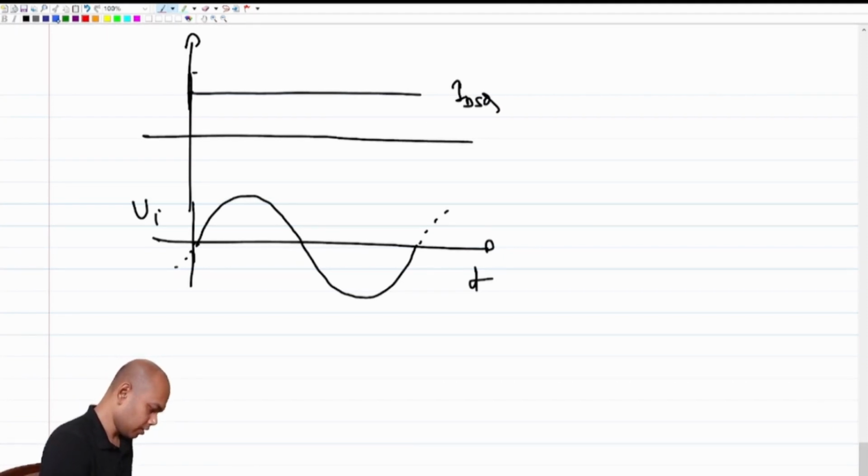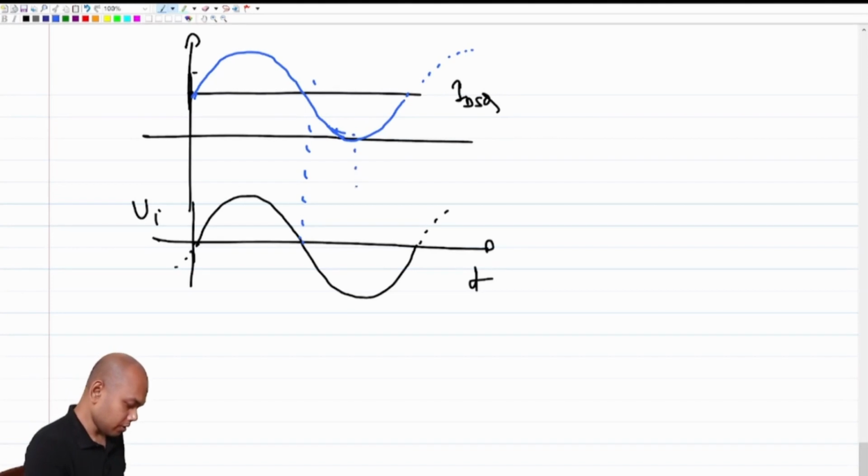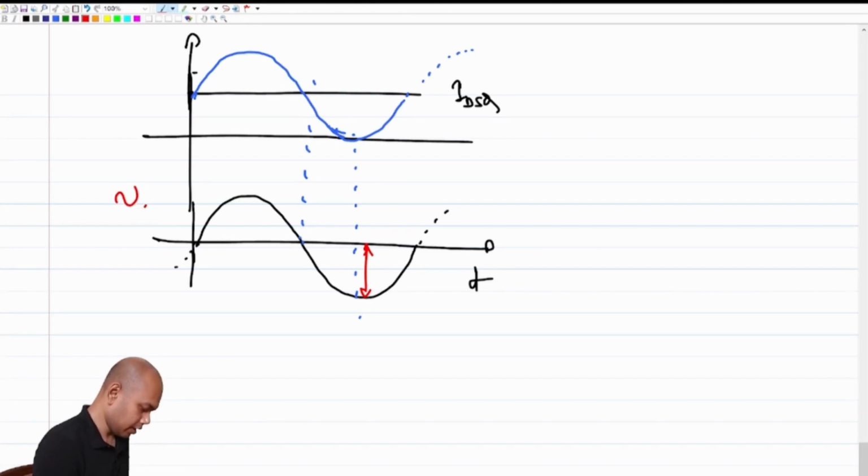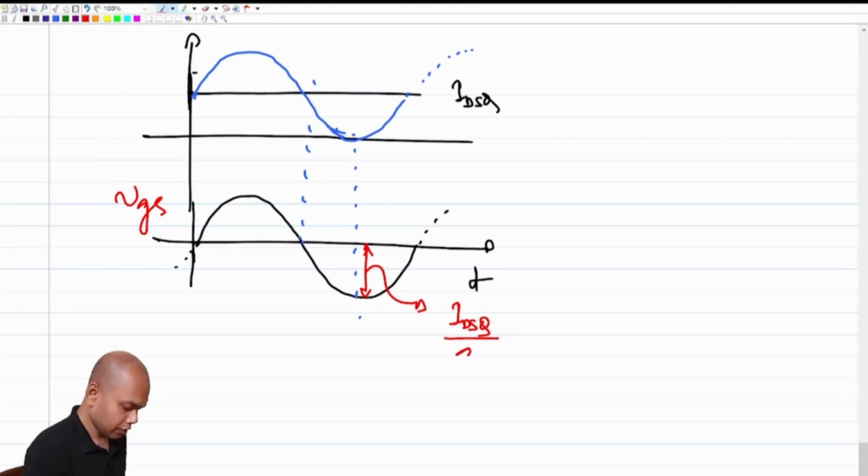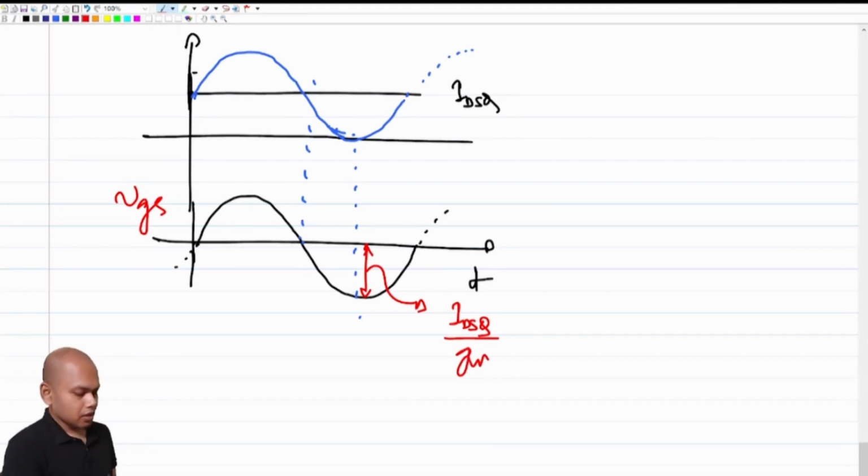The total current becomes zero, it touches zero, when this input sinusoid, or let me just say VGS in this case, becomes IDSQ over GM, right?